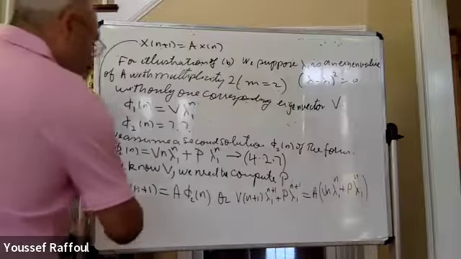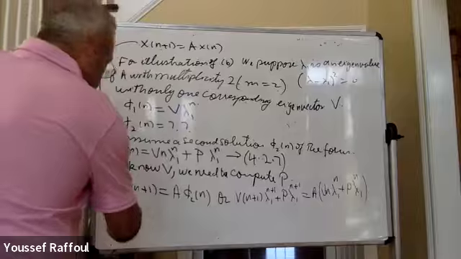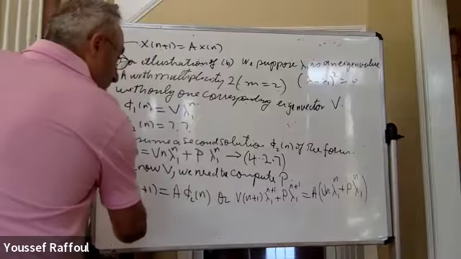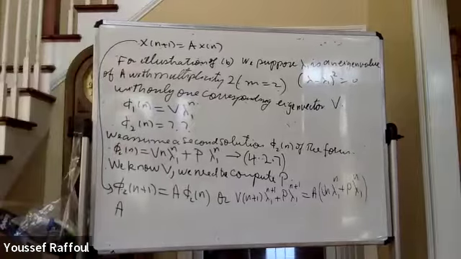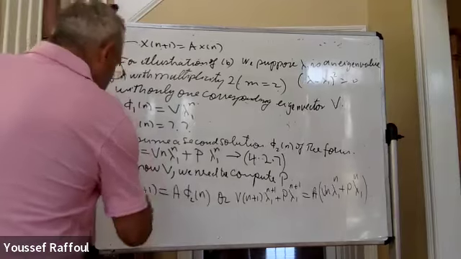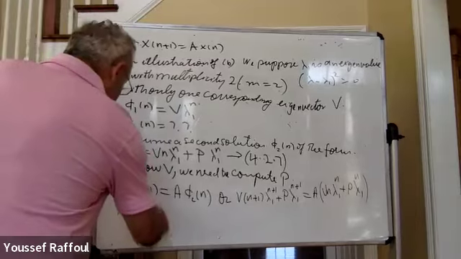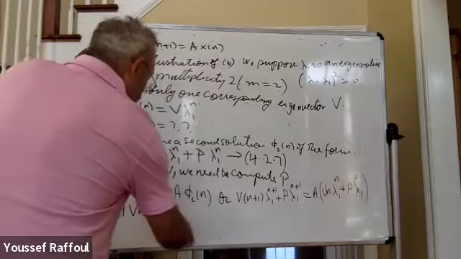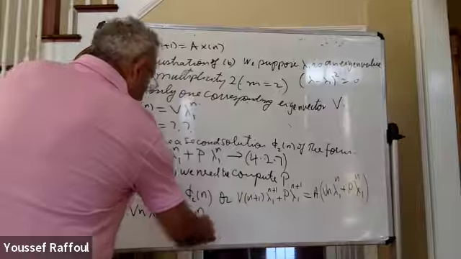So let's multiply it. So we're going to have A V n lambda 1 to the n plus A P lambda 1 to the n.